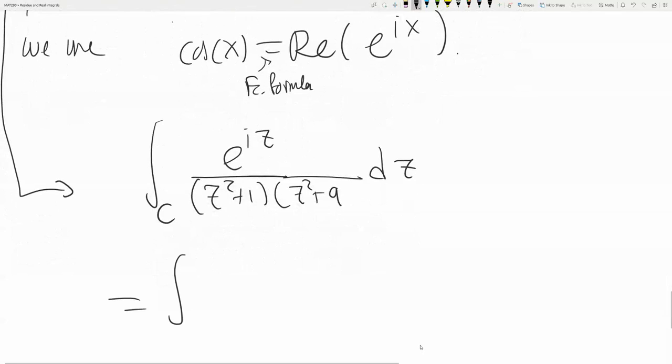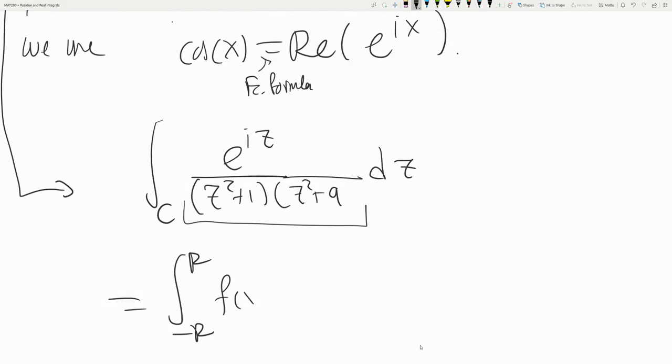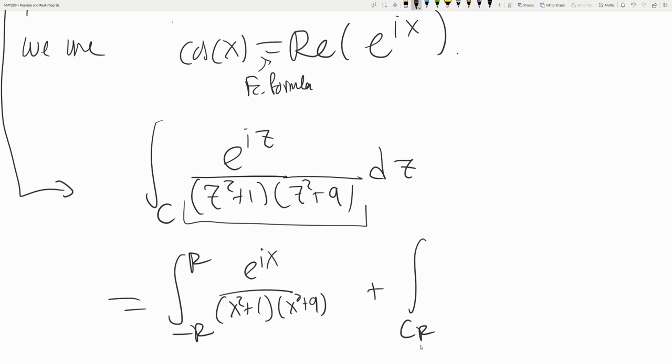And what is that? This is the integral from minus R to R of this f of x, let me write it, e to the ix, and then the line integral of this function.